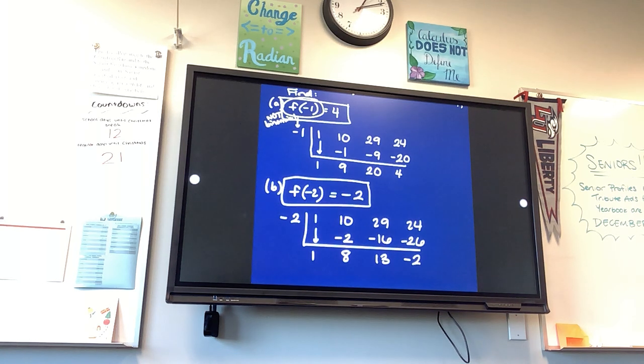Okay, let's go on to one of our other applications. We were revisiting it. We had done a little bit of it on Tuesday, but we're revisiting the idea of the factor.